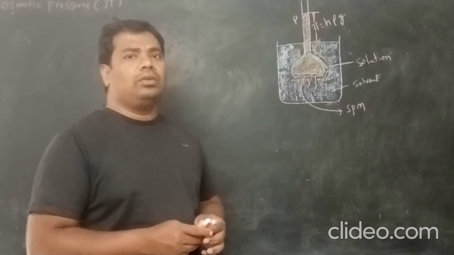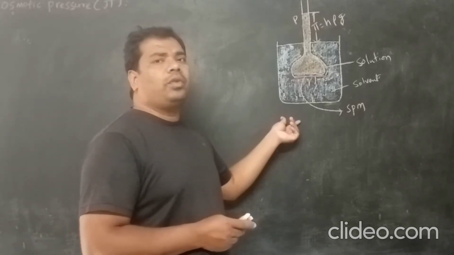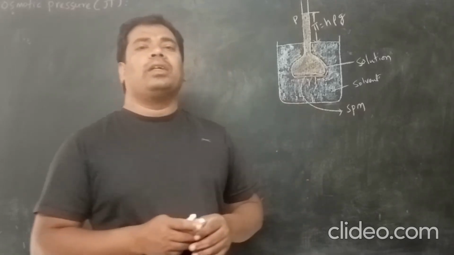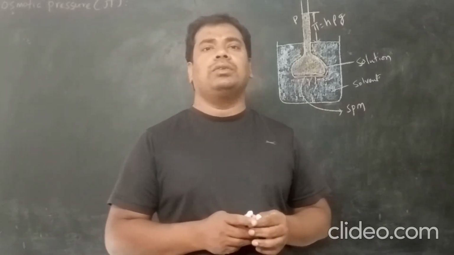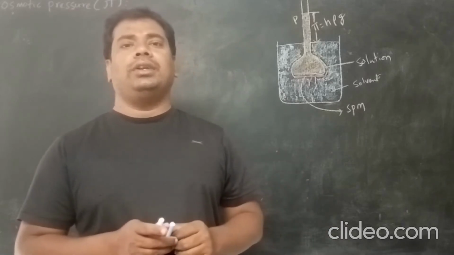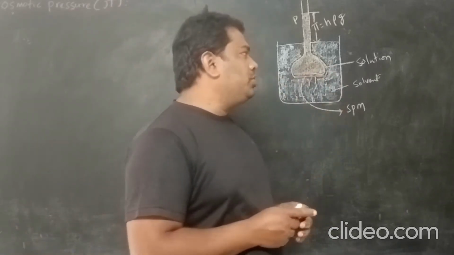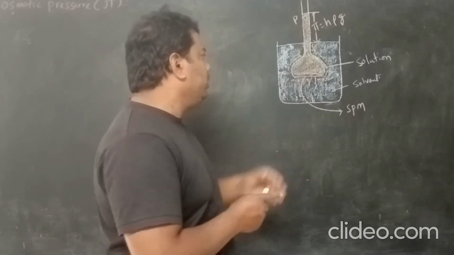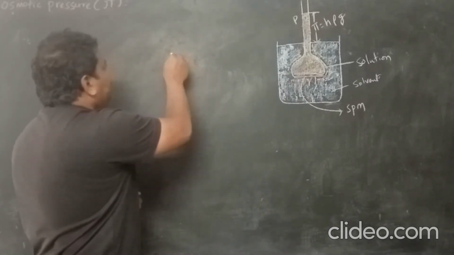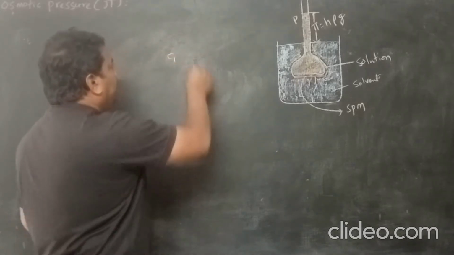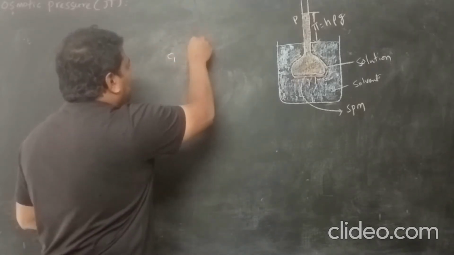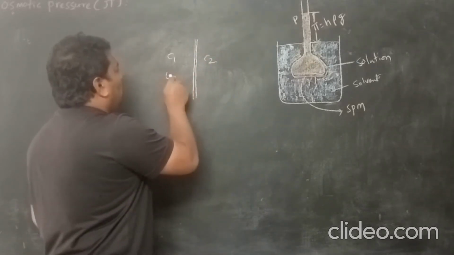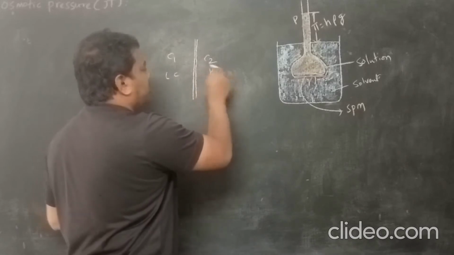Clear, student? Okay, student. So generally we know what is osmosis, student. So osmosis means nothing but the flow of solvent molecules from low concentration region to high concentration region through a semi-permeable membrane. Clear, student? So here, for example, the concentration of a solution is C1 and the concentration of another solution is C2. Okay, so here this is the low concentration solution, this is the high concentration solution.